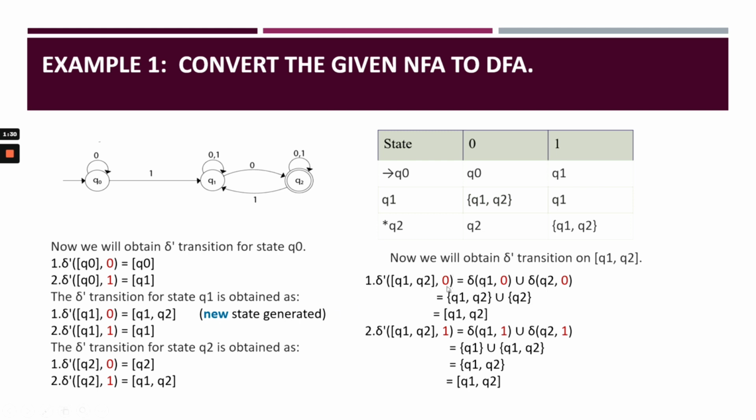So for that also we write {q1, q2} comma 0. {q1, q2} on 0 goes to q1, q2 again. Then {q1, q2} comma 1 gives q1 and q2 again, so it goes to {q1, q2}. So we match those, and {q1, q2} is a final state.